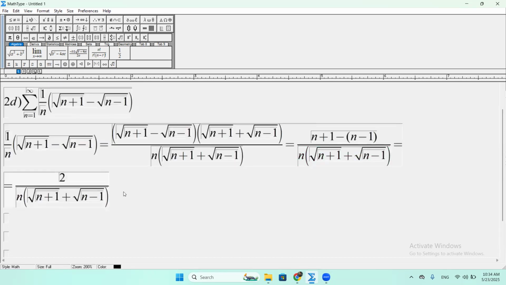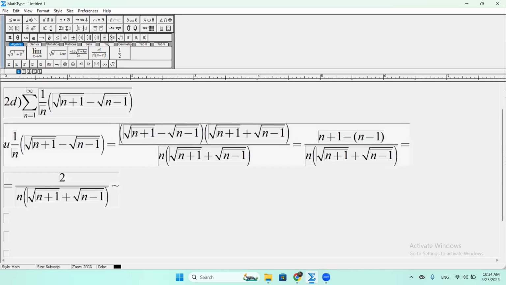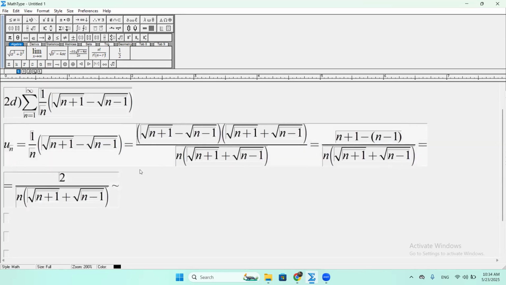By the way, it is the nth term. When n approaches infinity, this expression will be equivalent to 2 over 2n and the square root of n, which is equal to 1 over n square root of n.